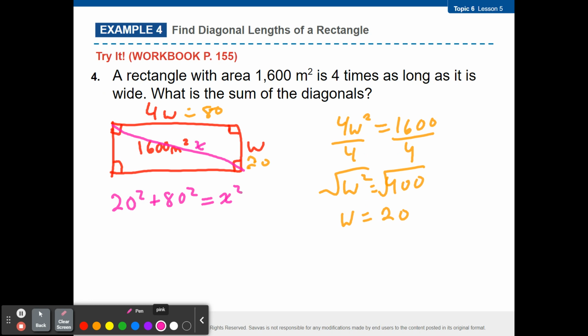So we have 400 plus 6,400 equals x squared. So this is 6,800.